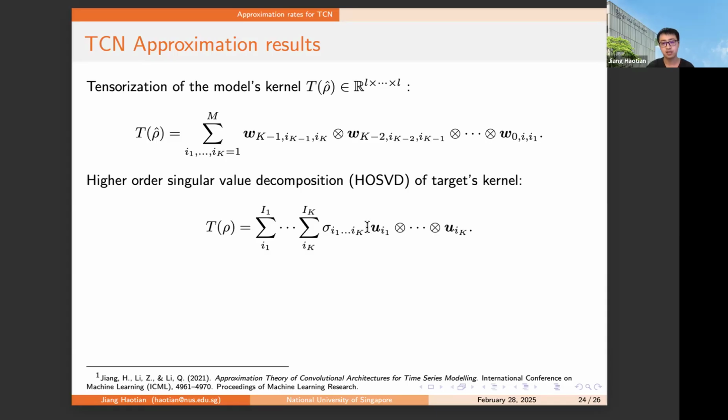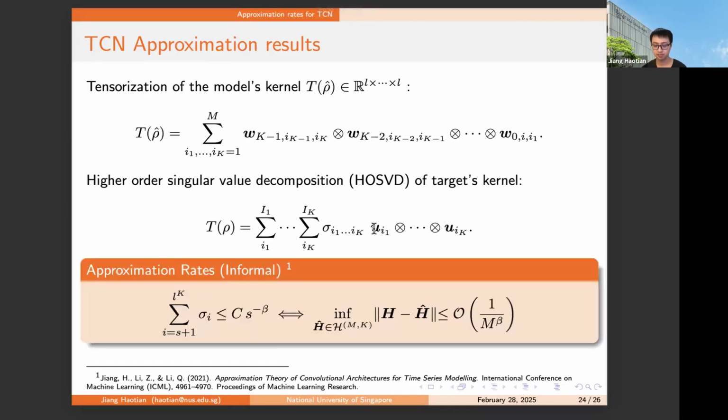Here the approximation error is determined by some low rank approximation. And the rank here is the singular values of some geometric transformation of the memory function, which is not the same as the singular values we talked about in the transformers.